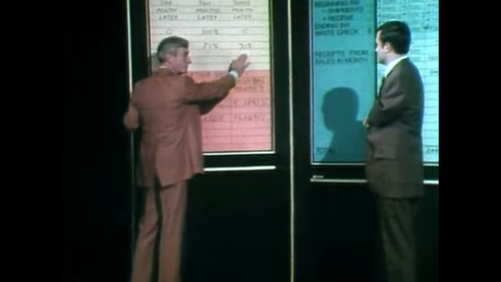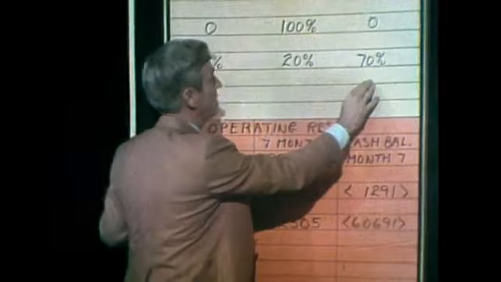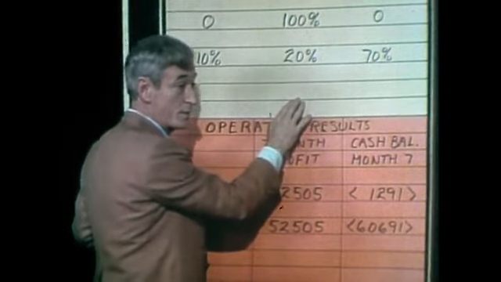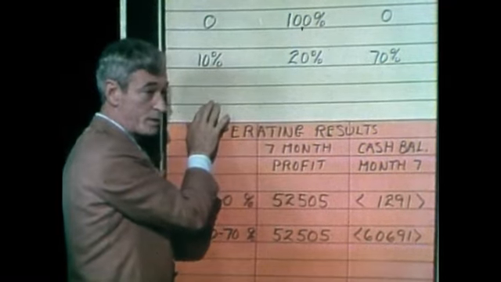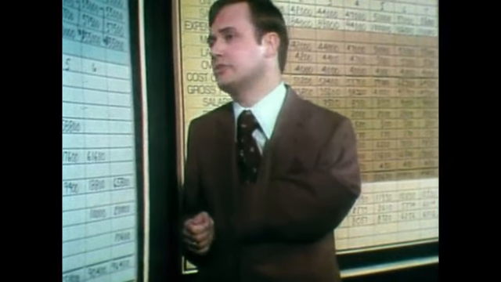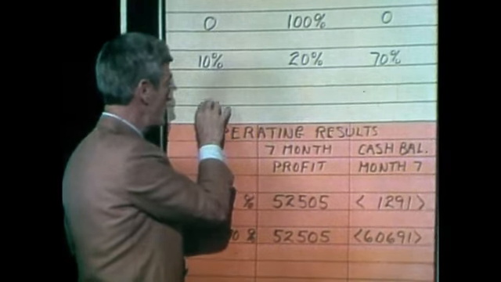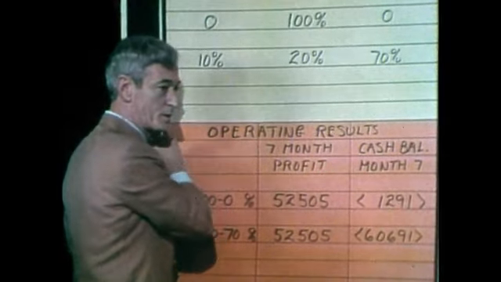Do you think that you could get any of these people to pay you sooner? Yes, if I talk to them. Do you think you could get some of them to pay you 2 months later? Sure, if I worked at it. Could you get some of these people to pay you 1 month later? Now, that would be aggressive and ambitious, but if I set my mind to it, of course I could. And about what percentage do you think you could get to pay 1 month later? Well, perhaps more than half. You mean like 60%?